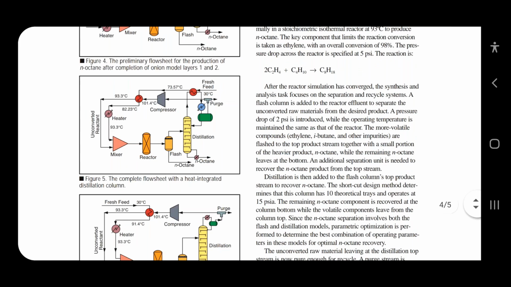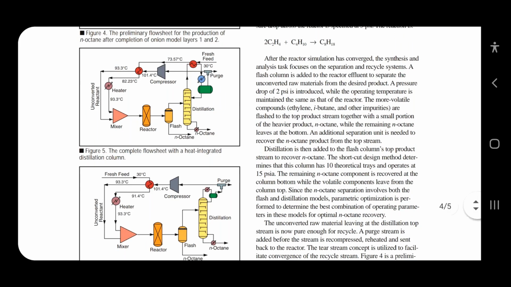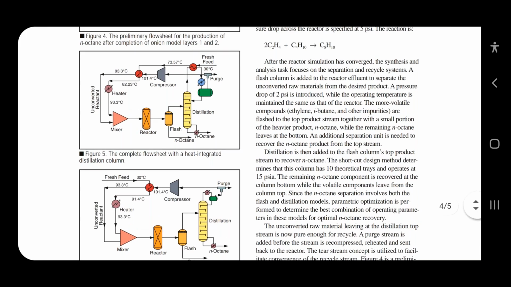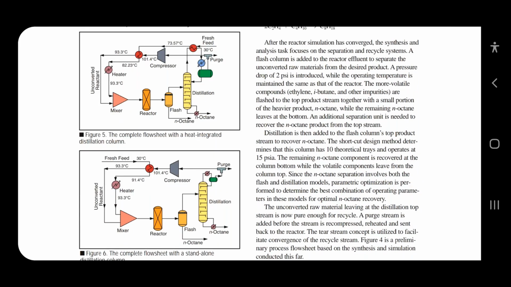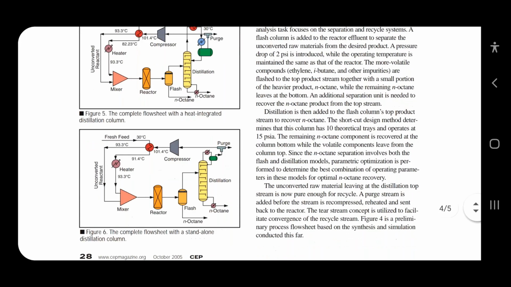Here they use condenser heat duty. Okay, doesn't matter, you can use reboiler duty as well. With reboiler duty, you can preheat the feed by use of reboiler heat. That's also possible, but it depends on the conditions at which your distillation column is operated.